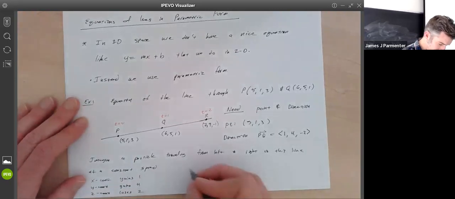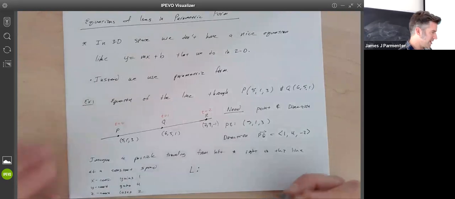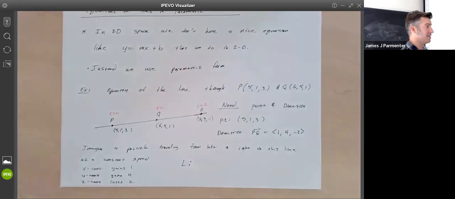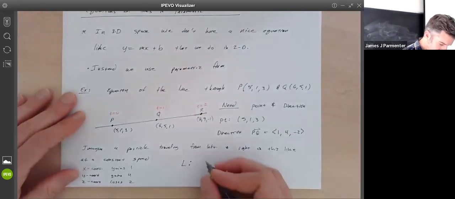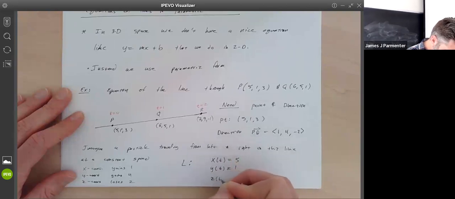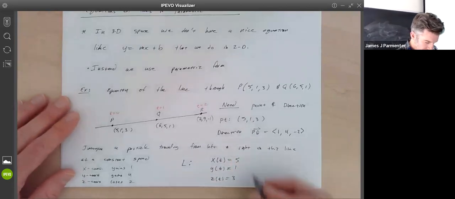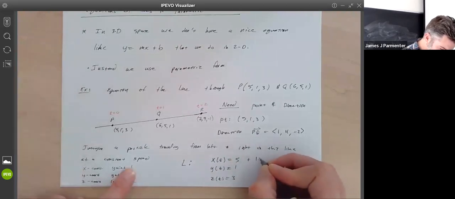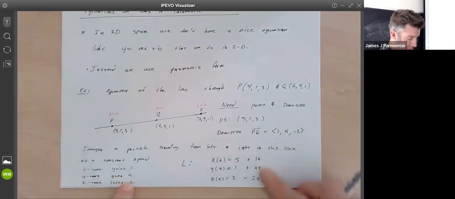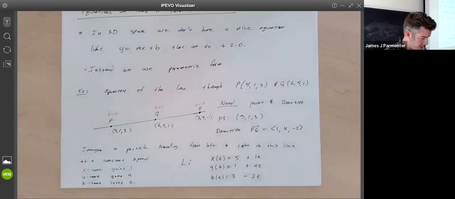Well, we can make this into an equation, the equation of our line. x is going to start at 5, y is going to start at 1, z is going to start at 3, and then each second, x gains 1, y gains 4, z loses 2. So every time t increases by 1, x is going to gain 1, y is going to gain 4, z is going to lose 2. And that's how you write it.